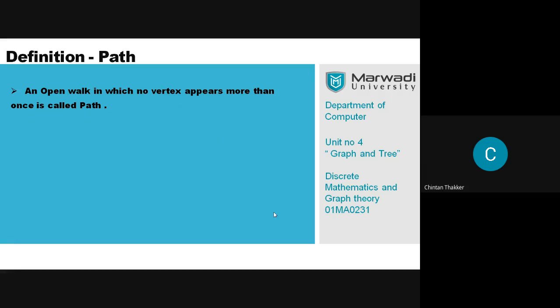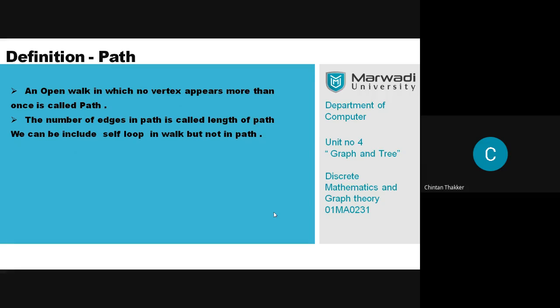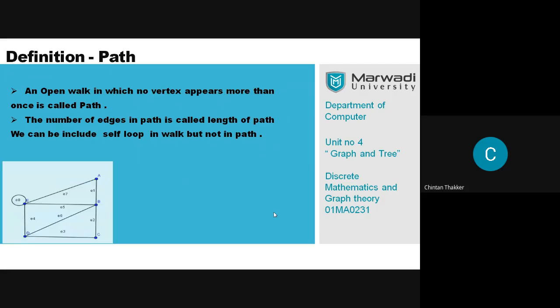An open walk in which no vertex appears more than once is called a path. The number of edges in a path is called the length of the path. Here we do not include the self loop, because if we include the self loop, we repeat the vertex.